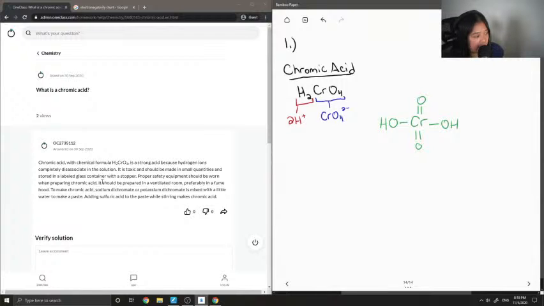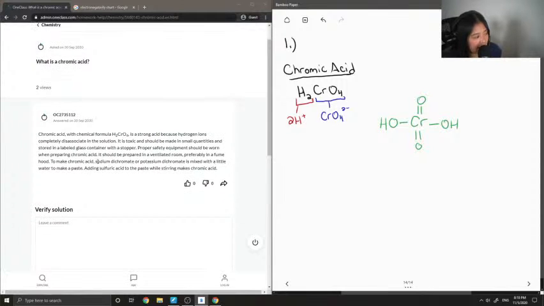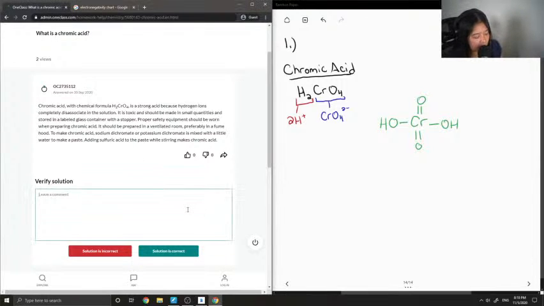It should be prepared in a ventilated room, preferably in a fume hood. To make chromic acid, sodium dichromate or potassium dichromate is mixed with a little water to make a paste. Adding sulfuric acid to the paste while stirring makes chromic acid. So this was well explained. This solution is correct.